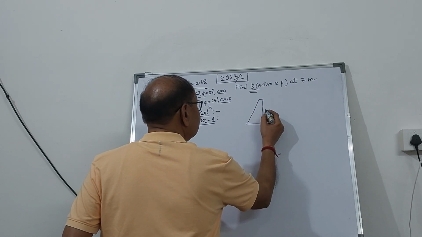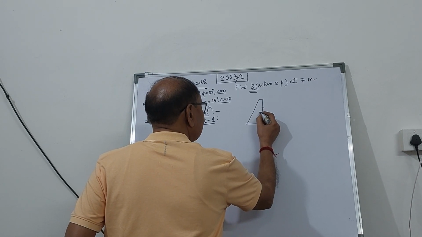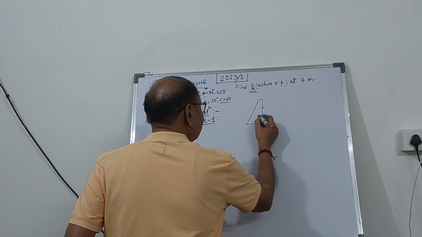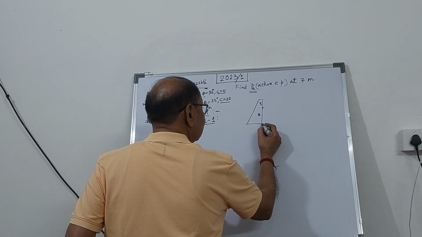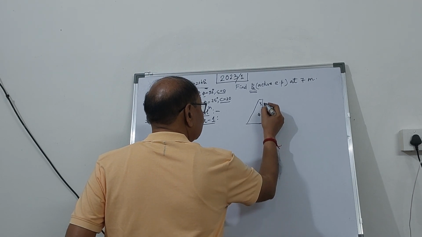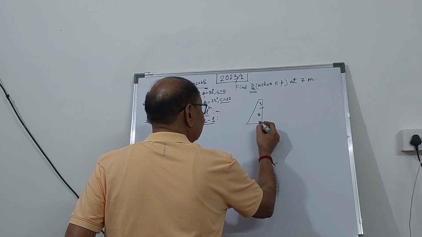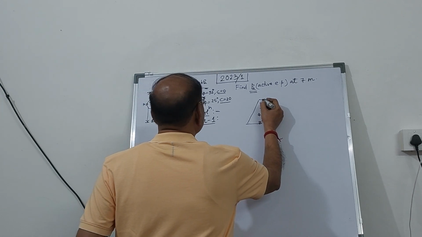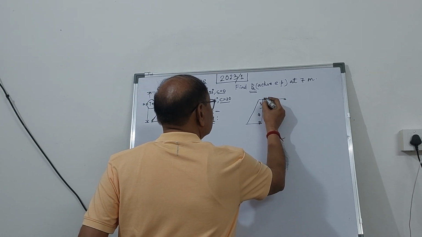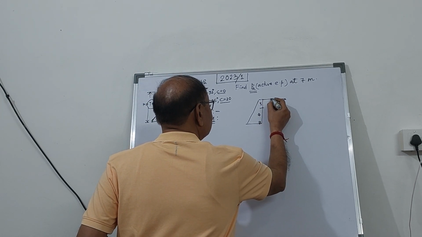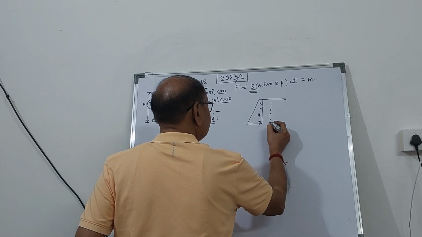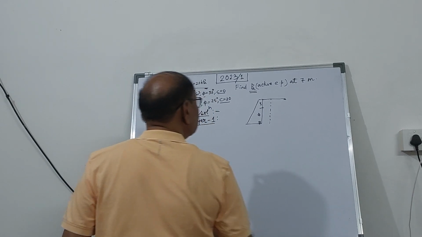This is the retaining wall, up to 3 meter, and for the remaining 4 meters, so here it becomes 7 meter total. So at 3 meter and 7 meter, this is the backfill, and I can take the reference line here.